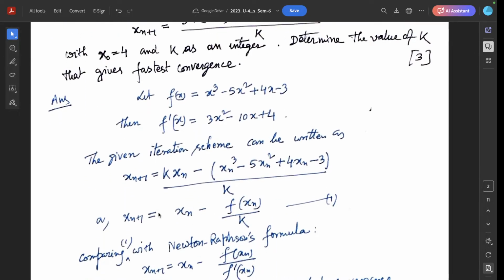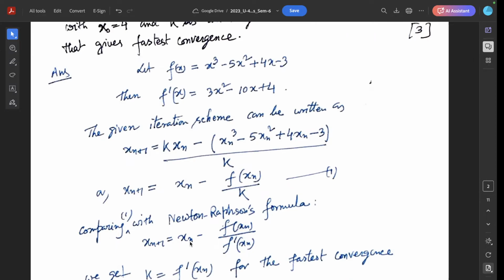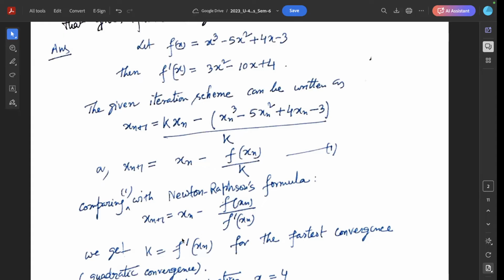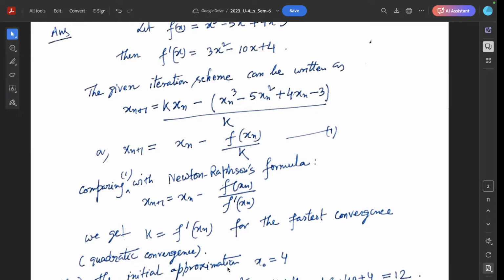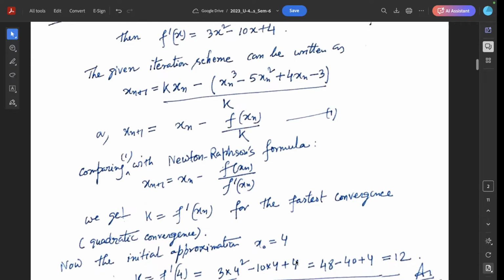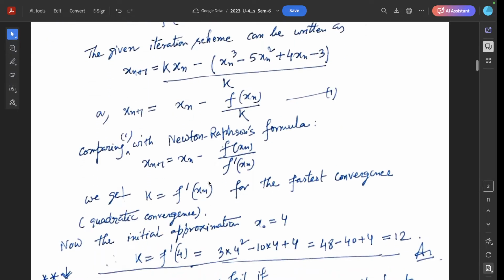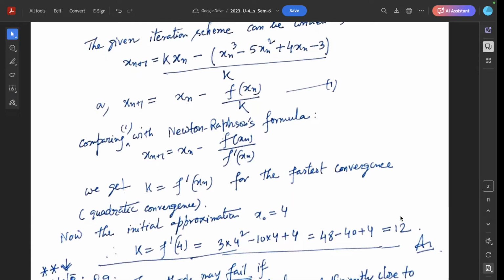Comparing this with the Newton-Raphson iteration x(n+1) equals xn minus f(xn) by f dash(xn), we get k equal to f dash(xn) for the fastest convergence, that is the quadratic convergence, order 2. Now the initial approximation x0 equals 4, so k equals f dash(4), which is equal to 12.